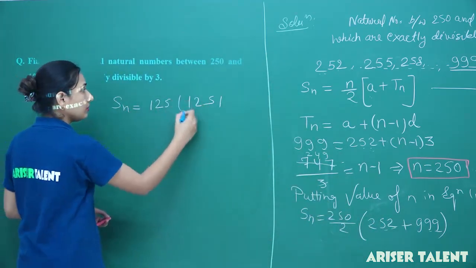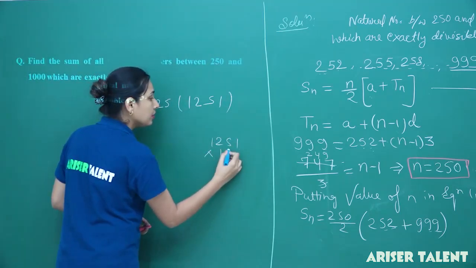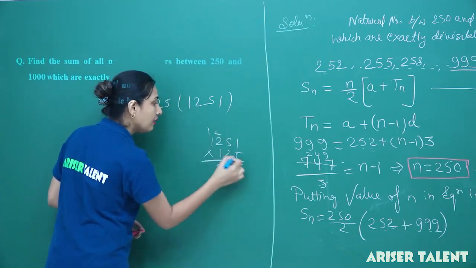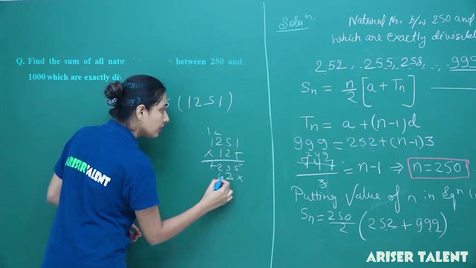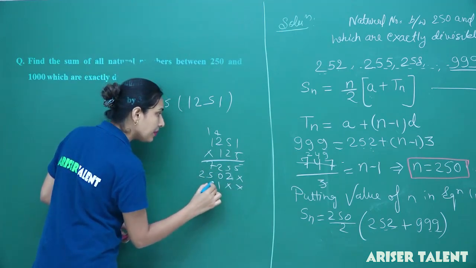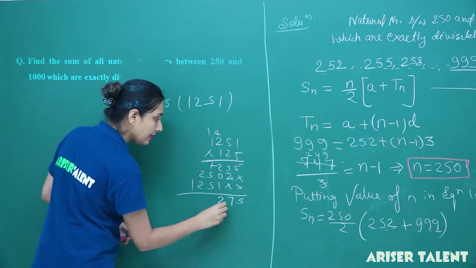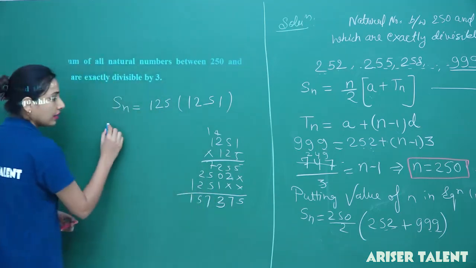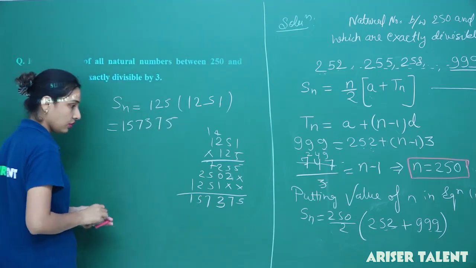You can just divide and multiply. 250 divided by 2 is 125, and multiplying by 1251, you will get the answer as 156375.